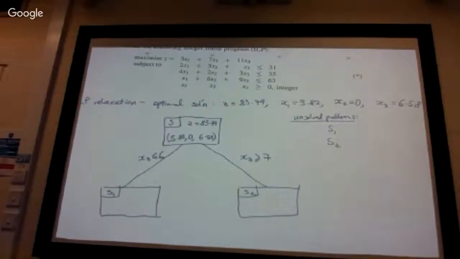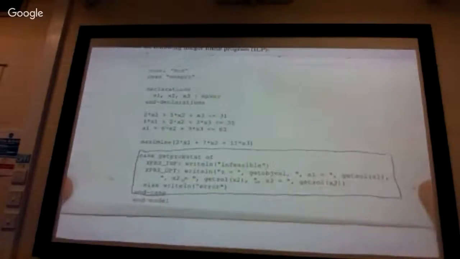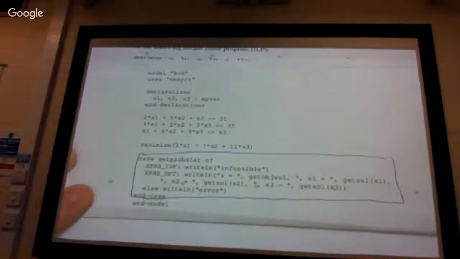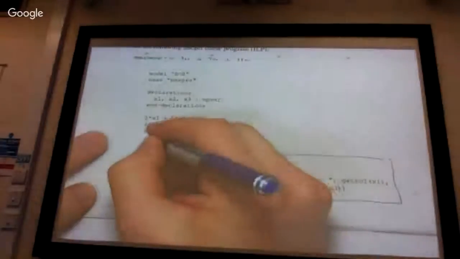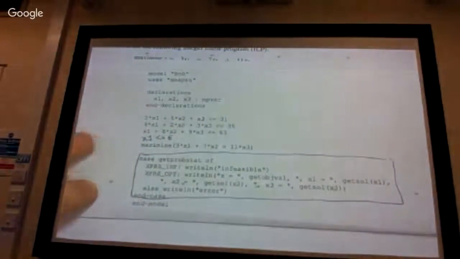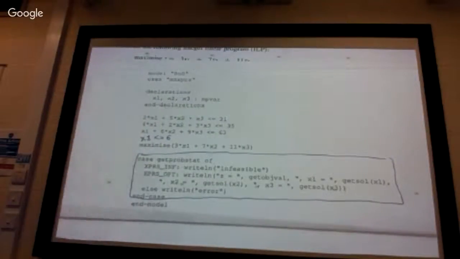Anybody have a particular preference which one to solve first? No? Okay, so let's go and solve S1. So what does that mean? I go back to my model. The constraint I want to add is that X3 is less than or equal to 6, so I can just add it here. And solve again.